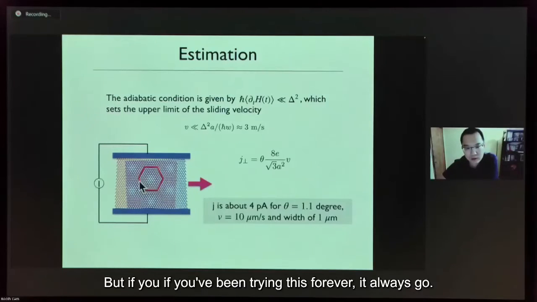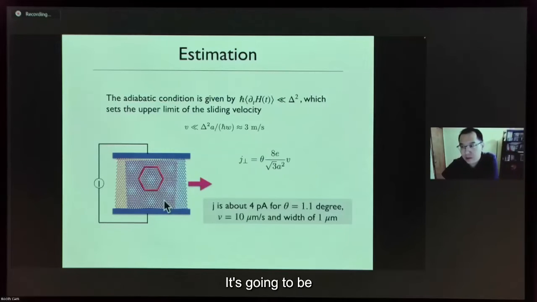But if you can drag this forever, it will always go and give you a DC current. All right, thank you. I think we are good. We can continue.